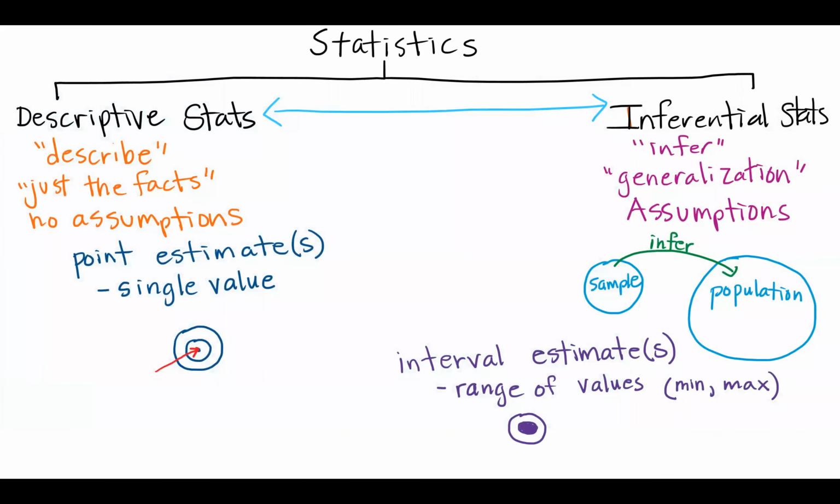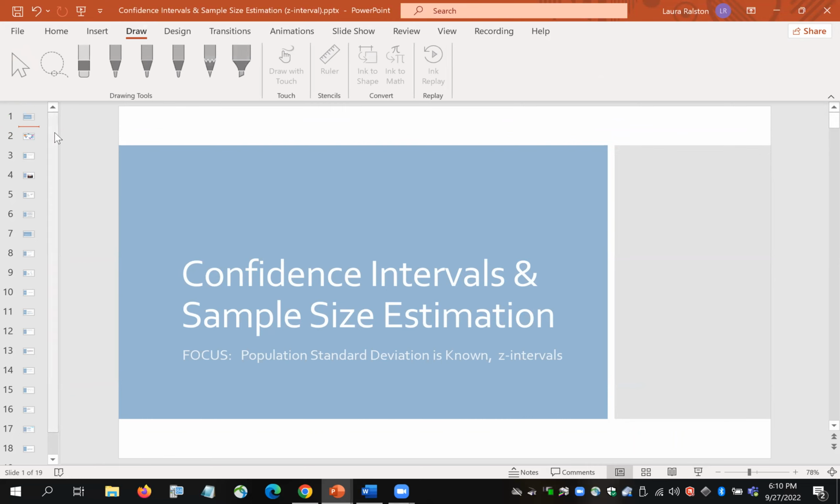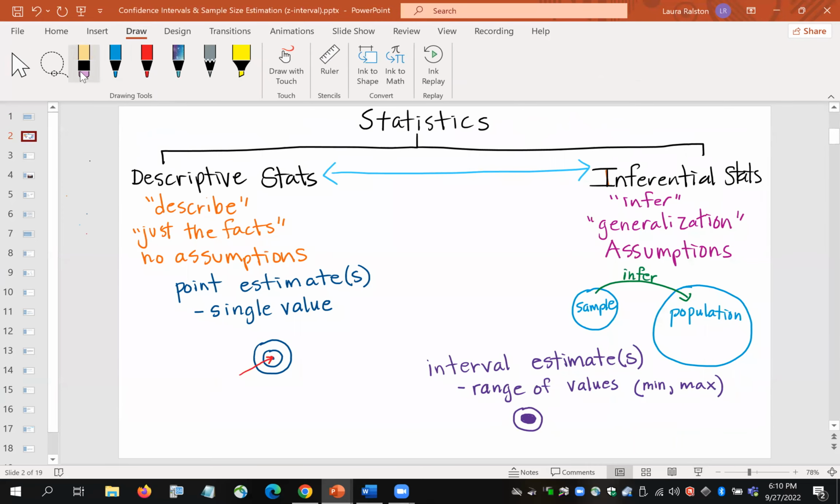Okay, I didn't realize this picture was still drawn here, so let me erase it so I can redraw it and explain it as I go.